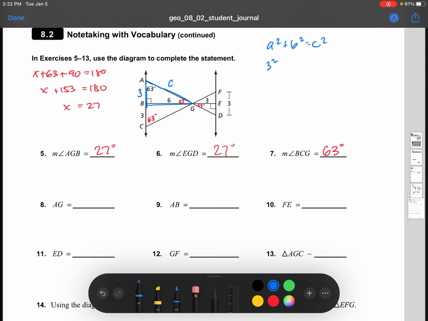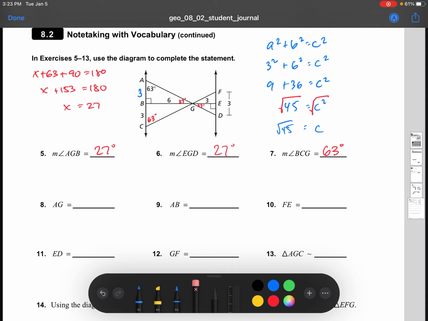So 3 squared plus 6 squared equals c squared. That's 9 plus 36 equals c squared. That's 45 equals c squared. We'll take the square root on both sides, so c is equal to the square root of 45.